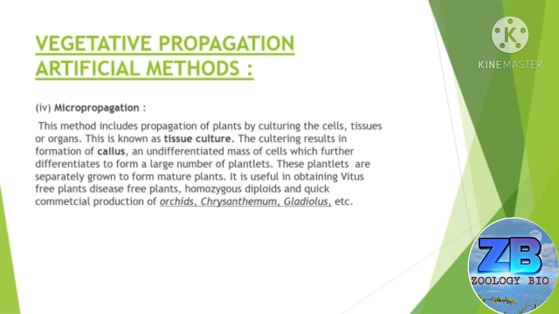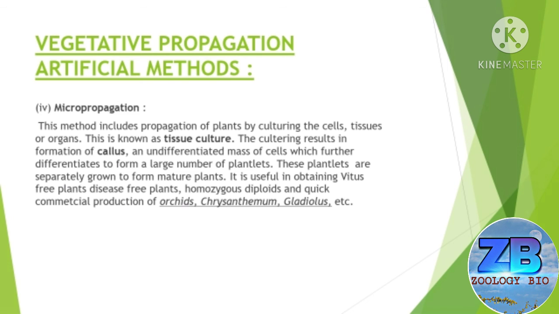Now the fourth one is micropropagation. This method includes propagation of plants by culturing cells, tissues, or organs. This is known as tissue culture. The culturing results in the formation of callus, an undifferentiated mass of cells, which further differentiates to form a large number of plantlets.